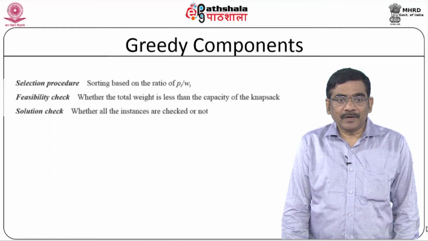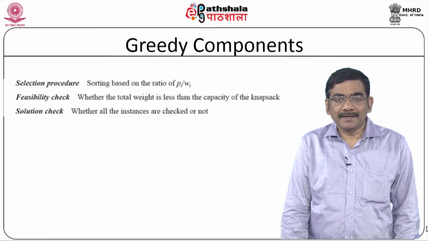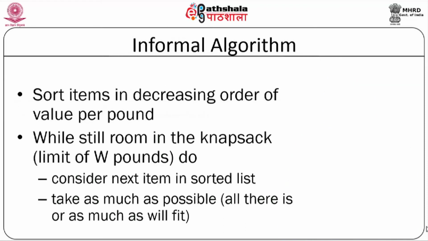So, the greedy components are: selection procedure, which is based on the ratio of Pi by Wi; feasibility check, that at no point of time the weight should cross W; and solution check, whether all the instances are checked or not.